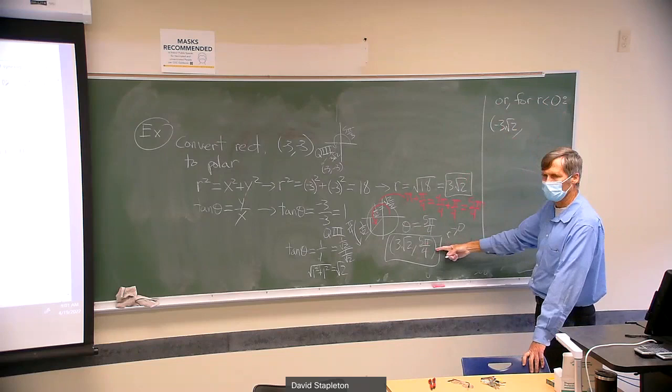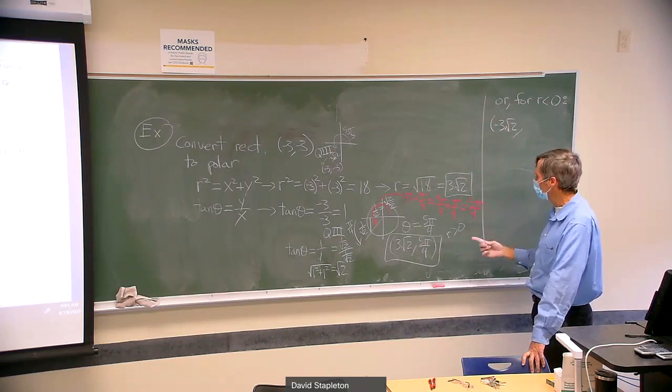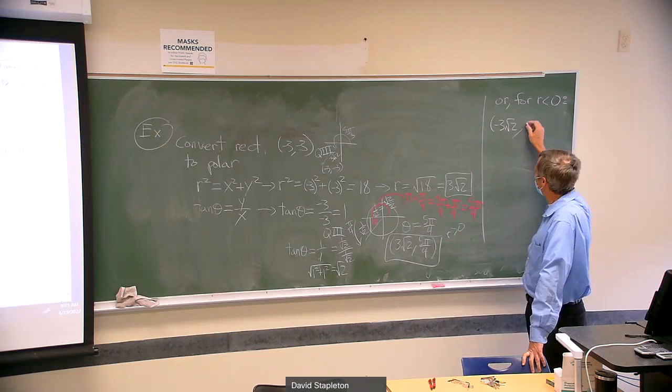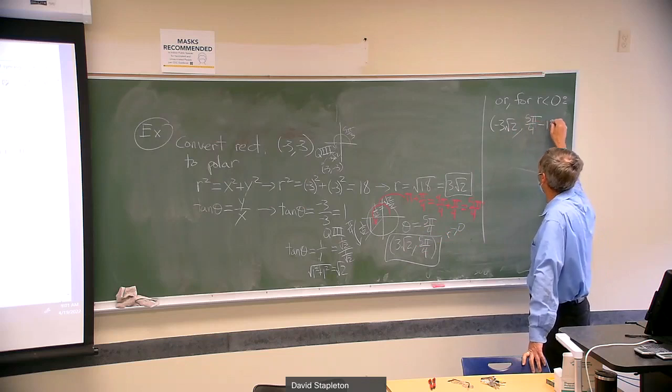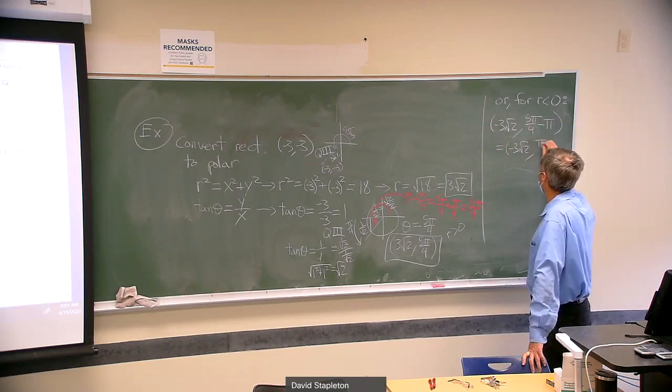And what do I do with the angle? You add or subtract pi to make it the opposite direction. You want theta to go into the opposite quadrant. I can either add pi or subtract pi. I think it's easier to subtract pi. And I'll say that with r negative, the polar coordinates are minus 3 square root 2, pi over 4.